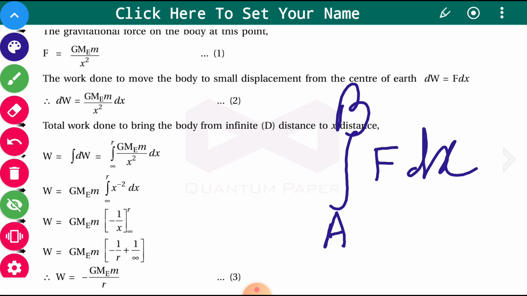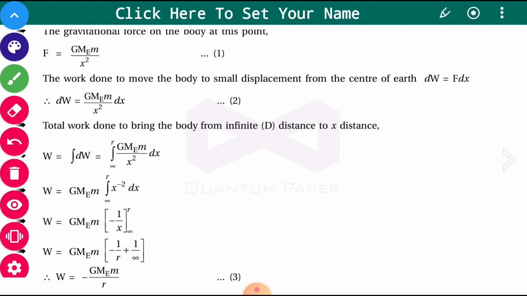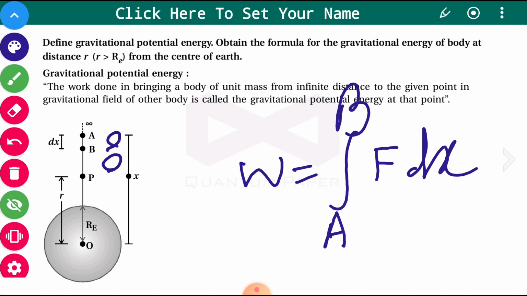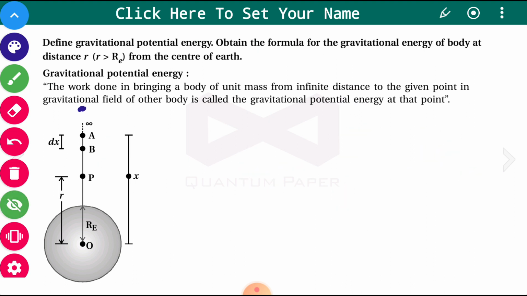This is the formula to find the total work done, that could be found with the help of this equation, F dx from point A to point B. So your initial point is infinity, final point is point P where you want to bring this object. So the object is brought as such from infinite point to point P, but from intermediate A to B we have first calculated the work done.